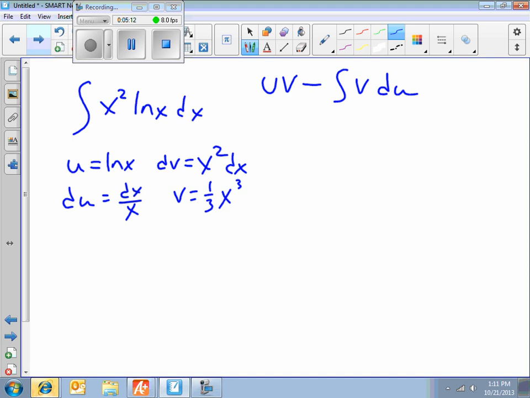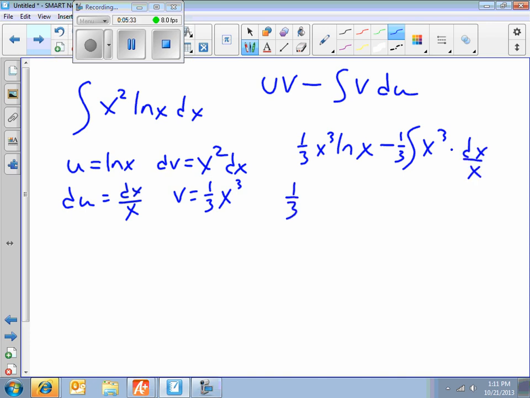Putting that in my formula now, we have uv, so it's 1/3 x cubed natural log x. That's actually vu as written, but it looks better that way. Minus the integral of v, which is 1/3 x cubed, du, which is dx over x.